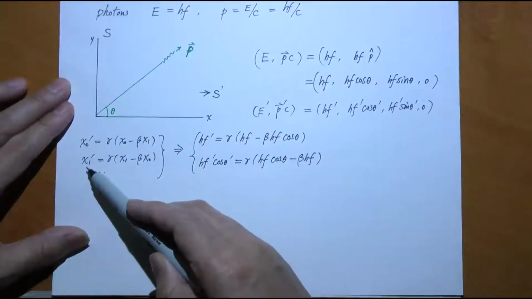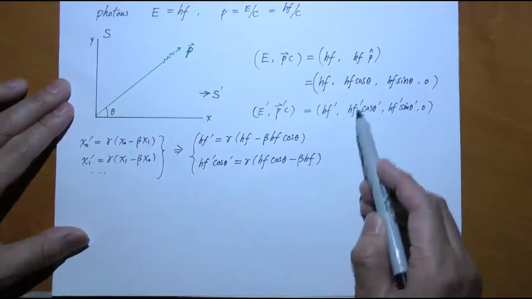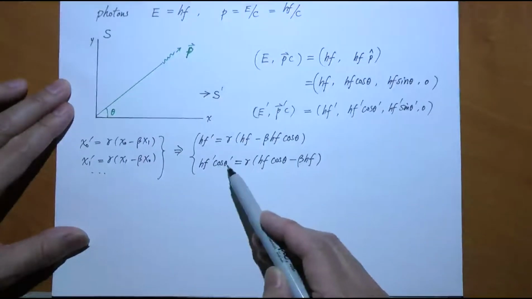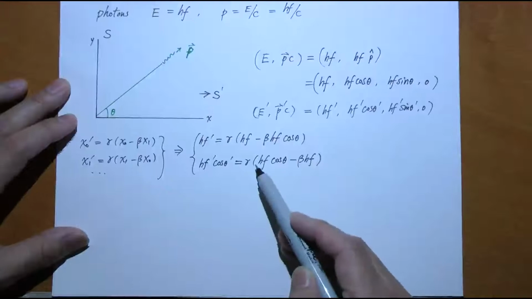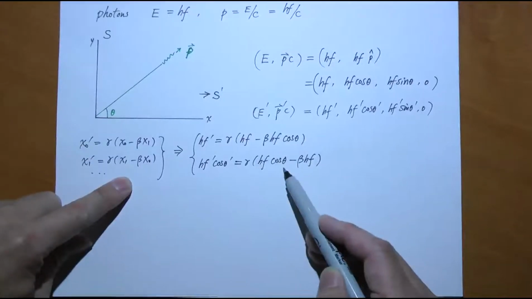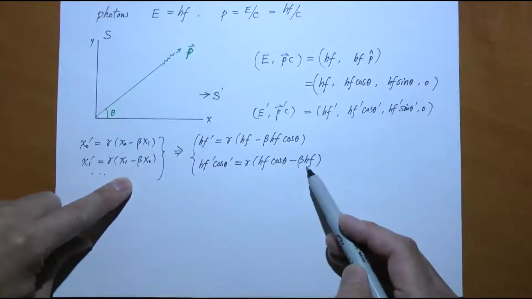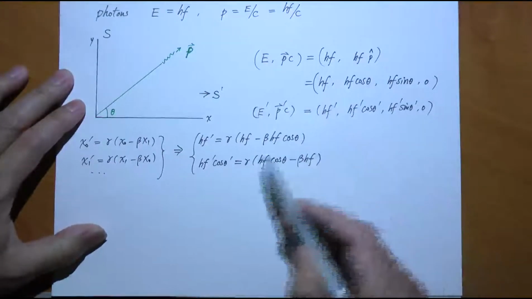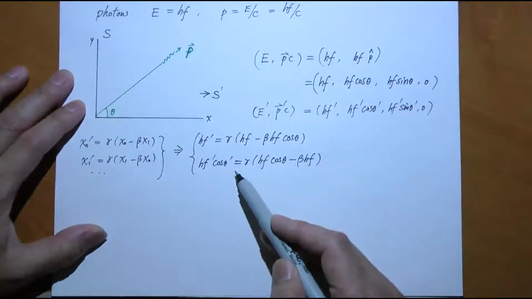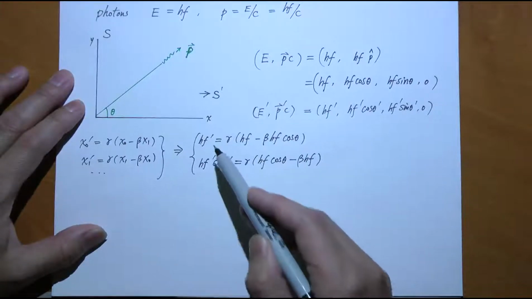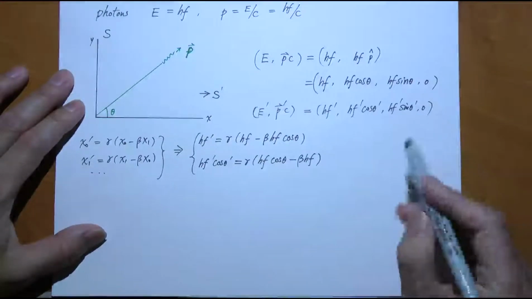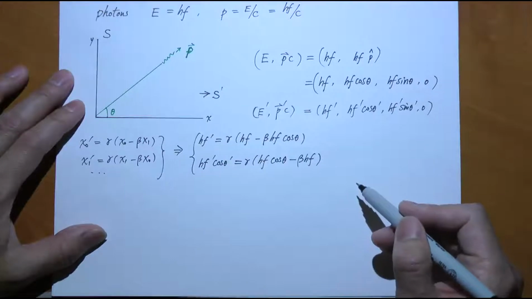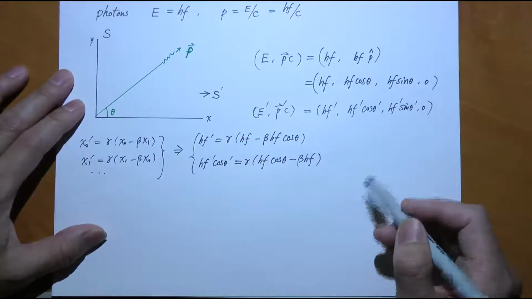And here's x1 prime. x1 is hF cosine theta, so hF prime cosine theta prime equals gamma times (x1, which is hF cosine theta right here, minus beta times x0). x0 is just hF. This pair of identities tells us how to find F prime and how to find theta prime. So let's solve for F prime and let's solve for theta prime.